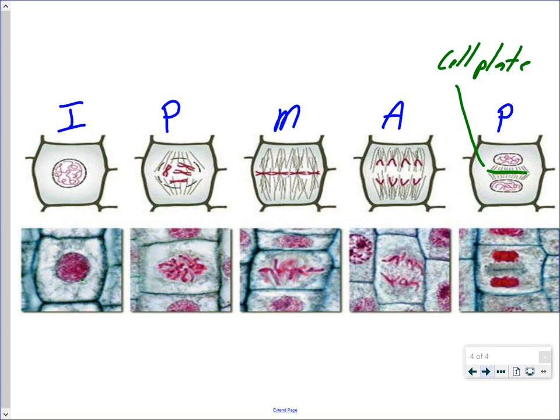We don't see any on this one here. Now we can sort of make out some of the details of the chromosomes. They're spreading a little bit more around in the cell because there's no longer a nuclear membrane. Chromosomes are lining up. They're being pulled apart. They're decondensing, they've reached the poles, and again, we can see the cell plate that's forming in between to eventually give us two new plant cells.